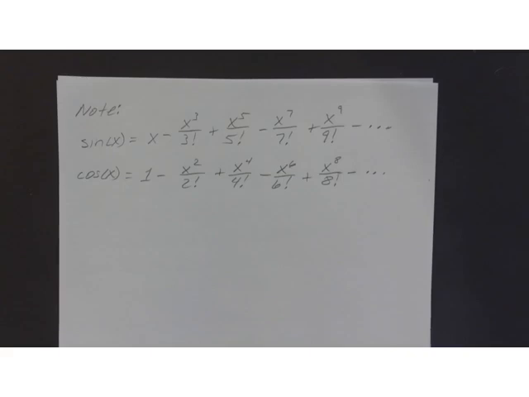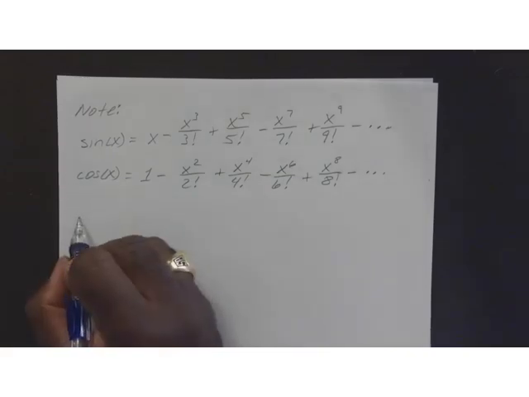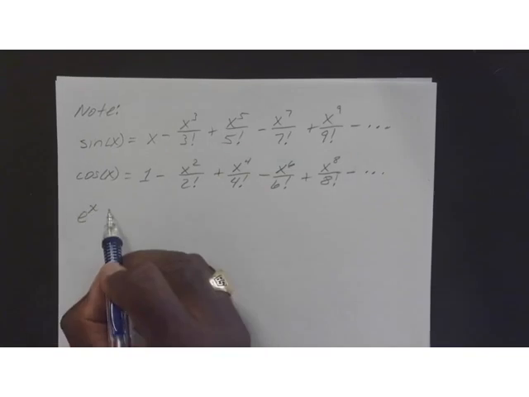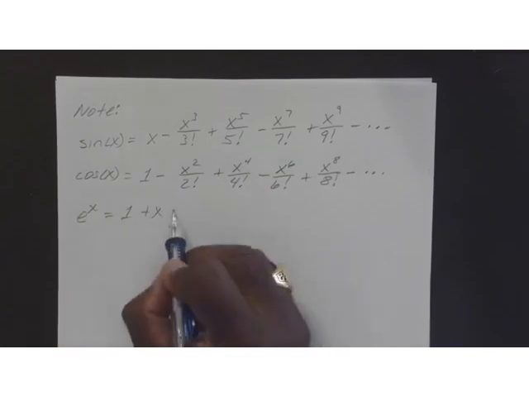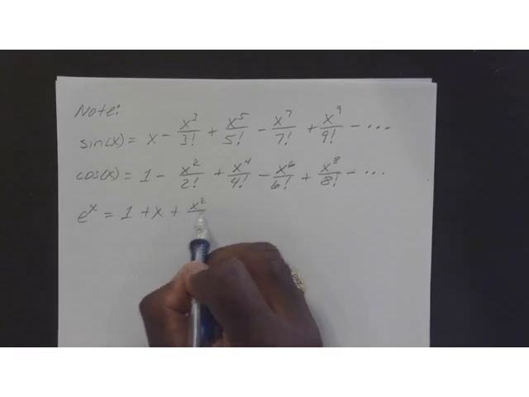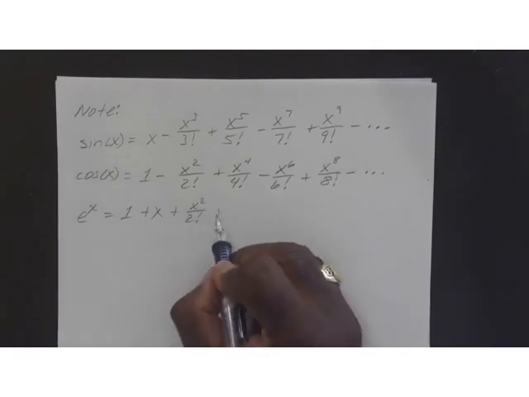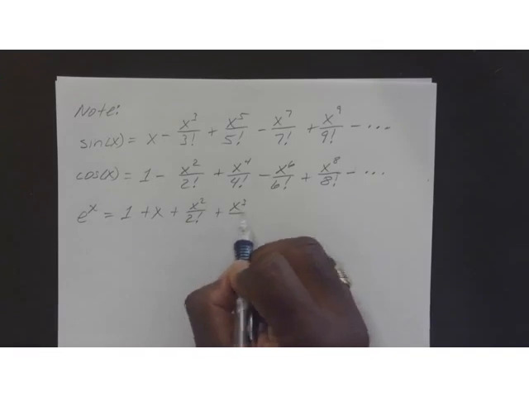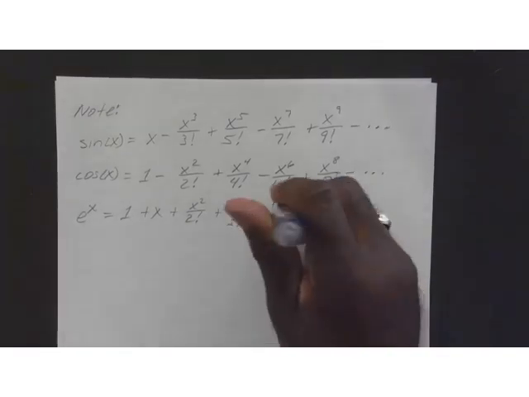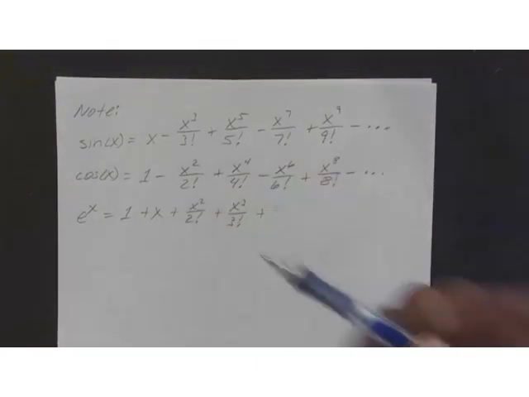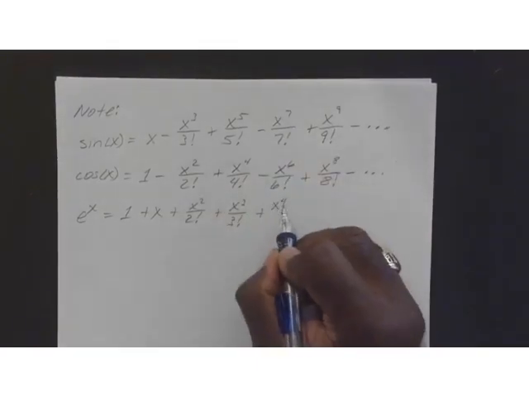And if we did the same thing for e to the power of x, we'd end up with 1 plus x plus x squared over 2 factorial plus x to the 3rd power over 3 factorial plus x to the 4th power over 4 factorial, and so forth and so on.